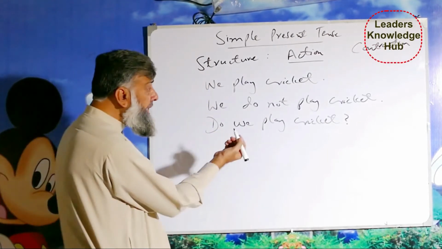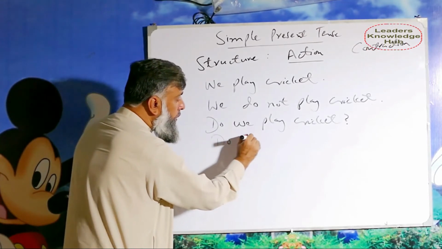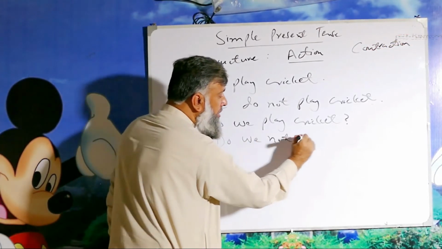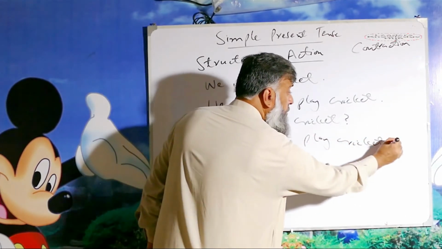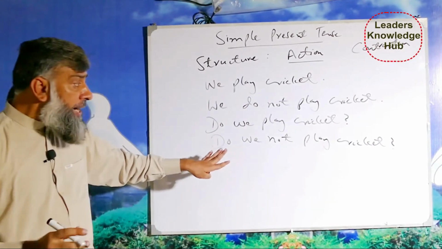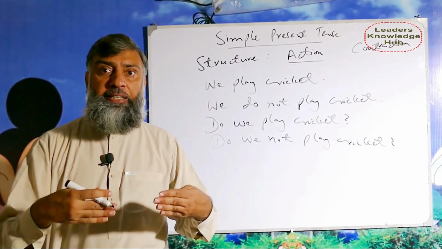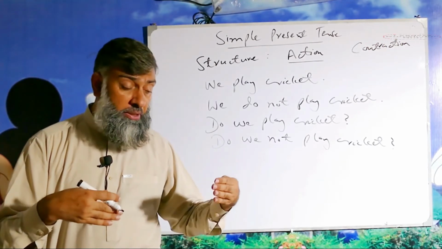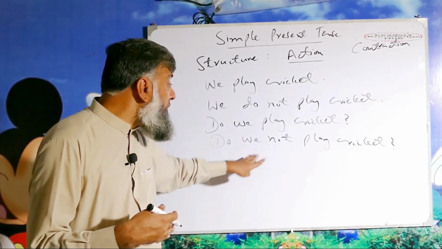So in order to make a negative question: do we not play cricket? Keep this in your mind that whenever you are writing formal English, an essay, something that is academic writing, you need to use do we not play cricket.